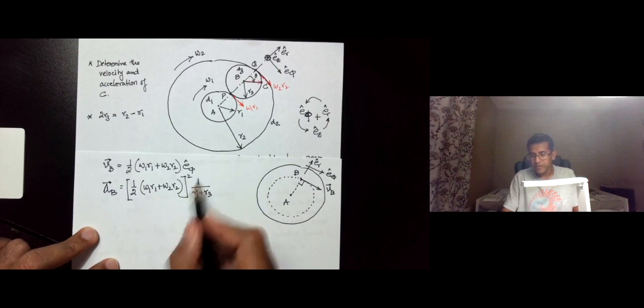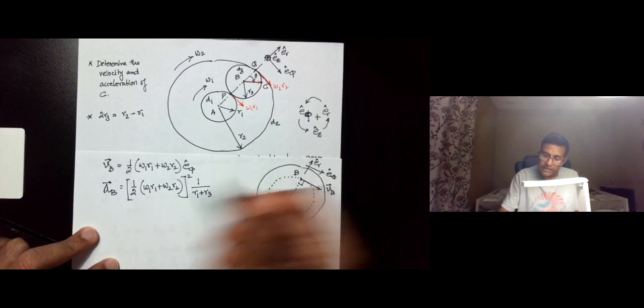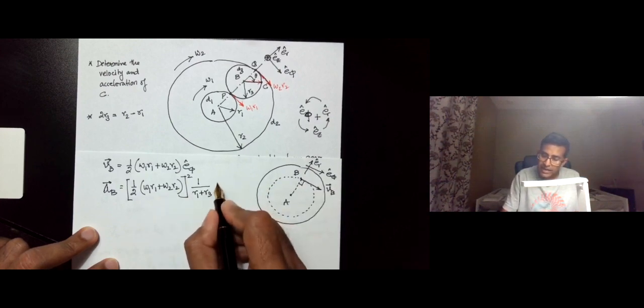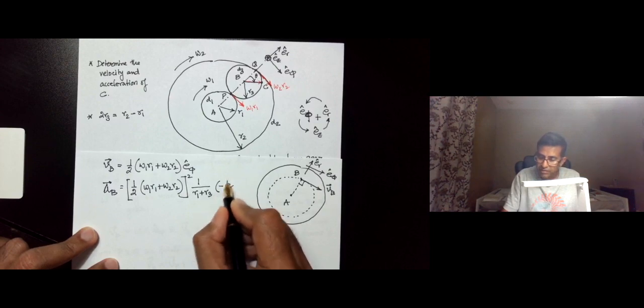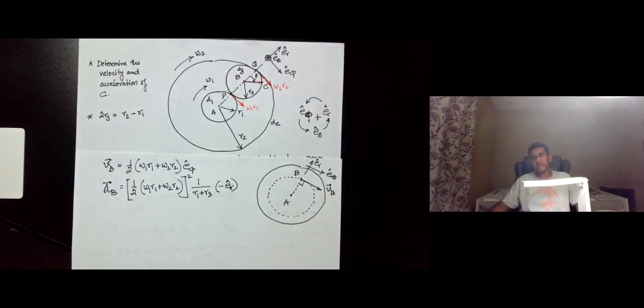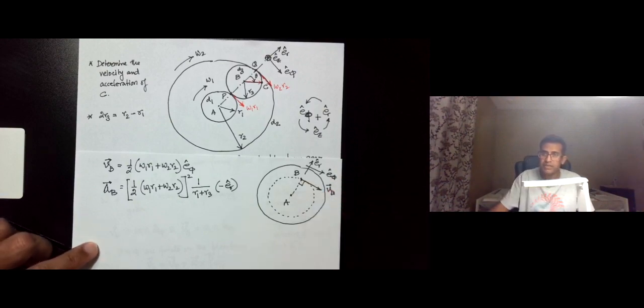So this is v squared divided by r, and the acceleration is in the negative ER direction, so I'm going to put a negative ER here. It's a centripetal acceleration always directed towards the center of its circle, which is at A.